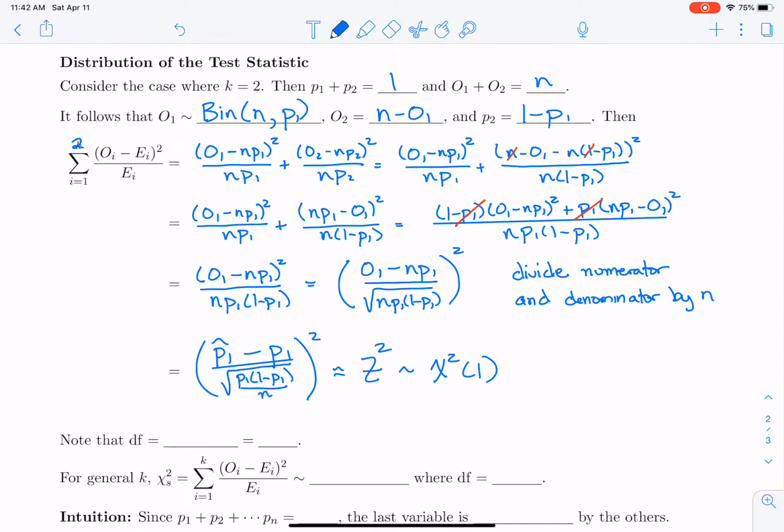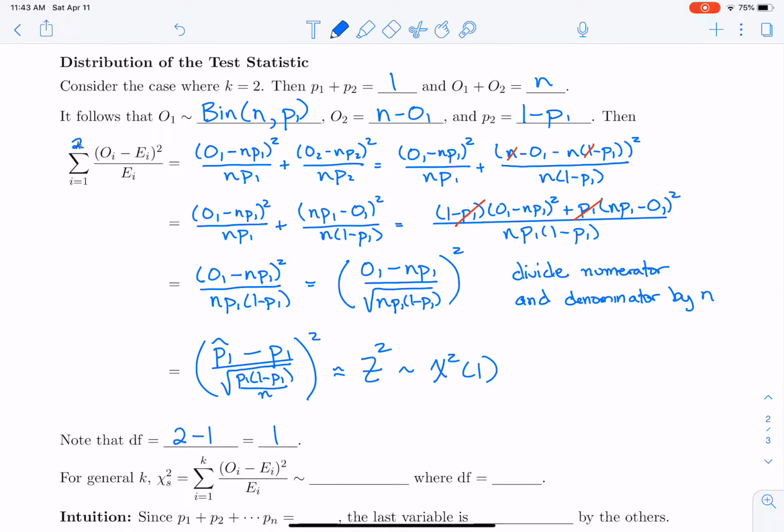Okay, so we now have for two categories that this has a chi-square distribution and the degrees of freedom is 1. One way to think about that is the degrees of freedom is 2, the number of categories, minus 1, which is 1.